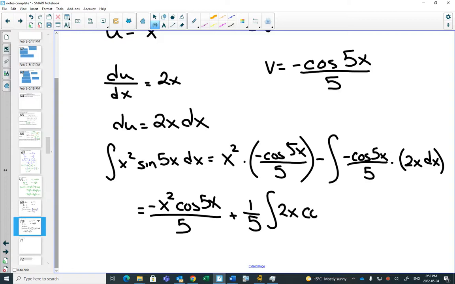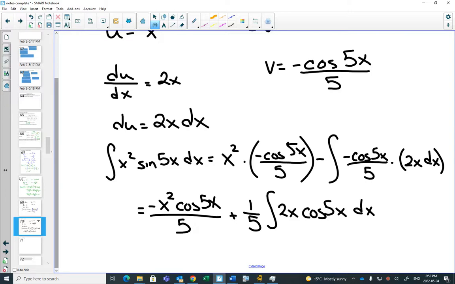Because I could take the 2 out as well. Does anybody know why I might want to just take out the fifth and leave the 2x cos 5x? A little bit of dark magic. Right, we could let 2x equal the u and this equal dv. But there's a specific reason.